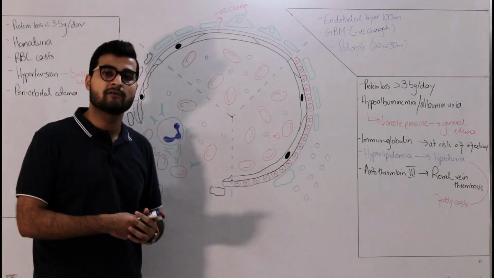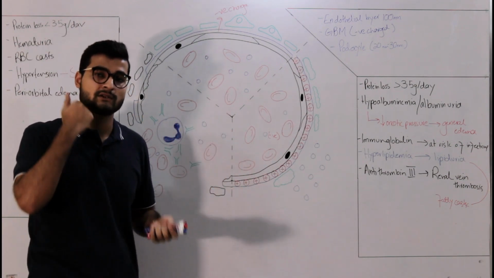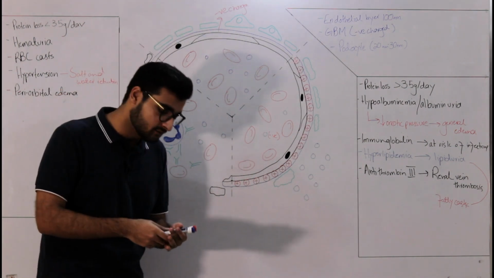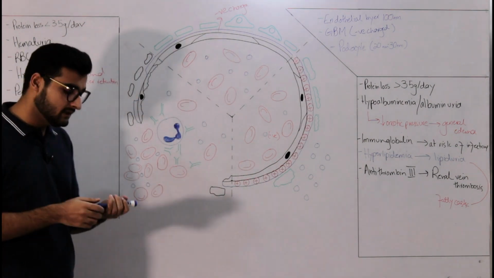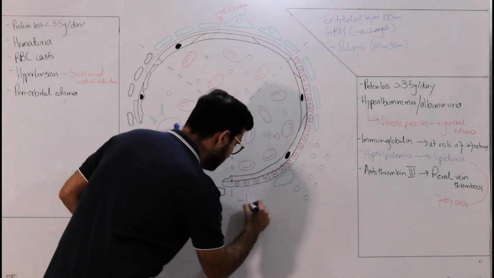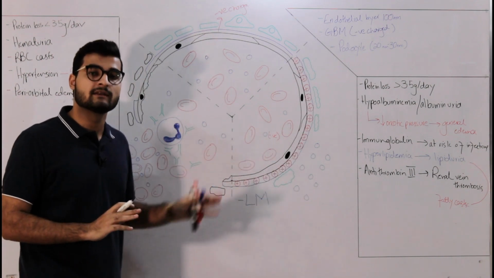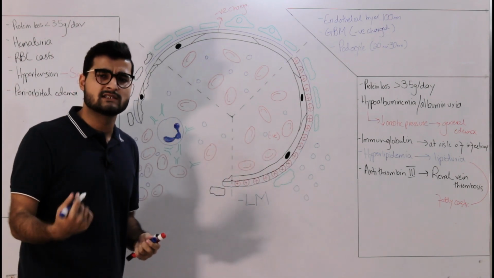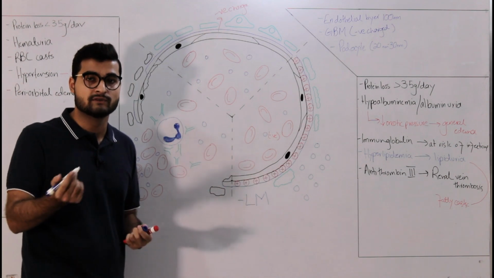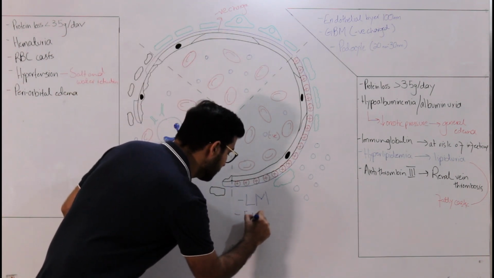So let's talk about a few tests that you do when a patient comes to you and you suspect them of nephrotic or nephritic syndrome. A few tests that are commonly done in patients of nephrotic and nephritic syndrome are: the first being light microscopy. You look at the glomerulus under a light microscope, and you see if there is any pathology, any deposition that you might be able to visualize. If you can't see anything on light microscopy, then you go for electron microscopy.